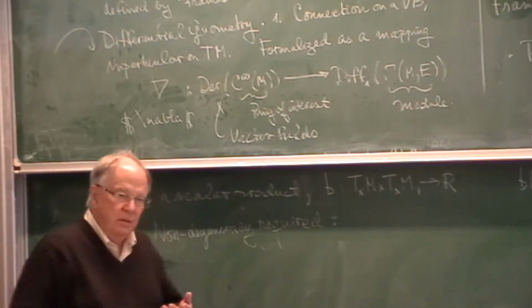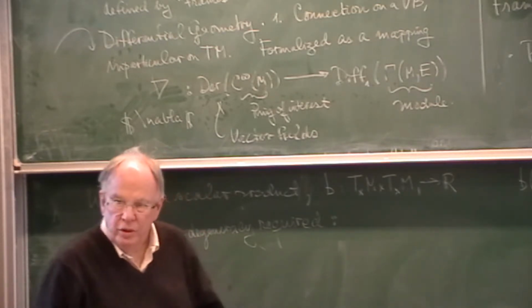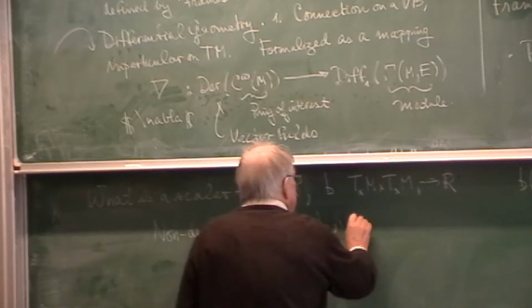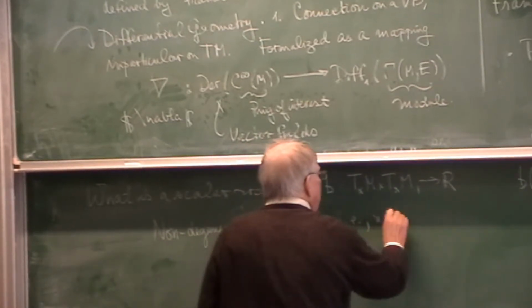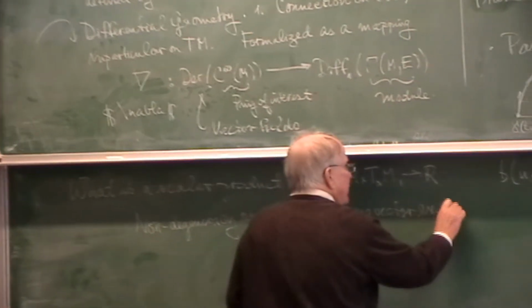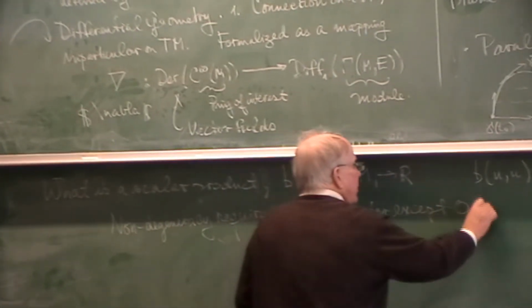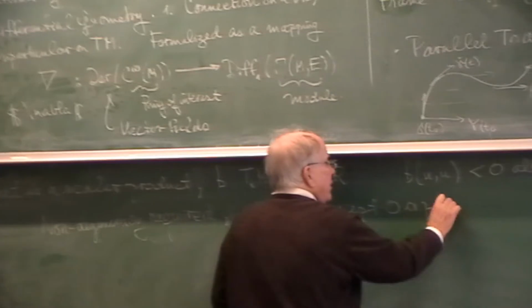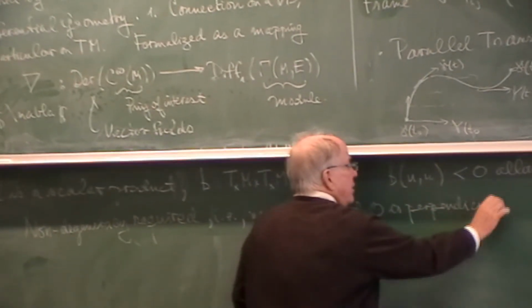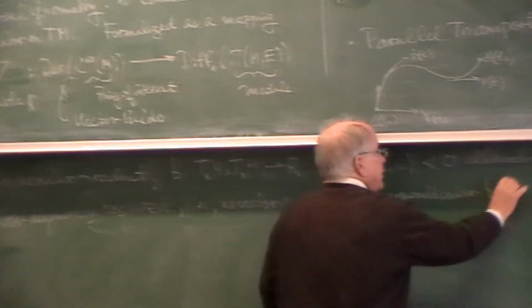When you have such a bilinear pairing, what does non-degenerate mean? It means that no vector except 0 is perpendicular to the whole space.